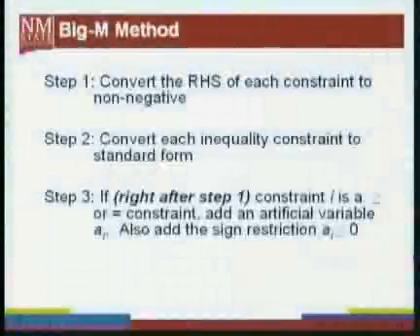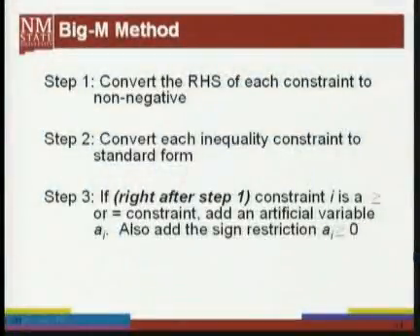And in step number 2, convert each inequality constraint to the standard form. This means if constraint is a less than constraint, we need to add a slack variable. If constraint is a greater than equal constraint, we subtract the surplus variable, right?